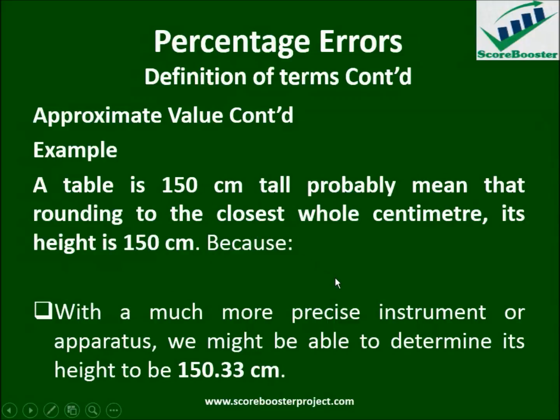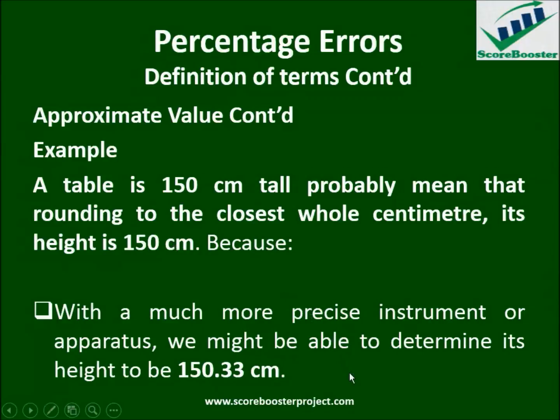The reason for this is that with a much more precise instrument or apparatus, you might be able to determine the height of the table to be 150.33 centimeters. From the previous video on significant figures, when you approximate 150.33 centimeter to the nearest whole number, or let's say to three significant figures, that's 150 centimeter, which shows that the measurement here has been taken with a much more precise instrument than this.